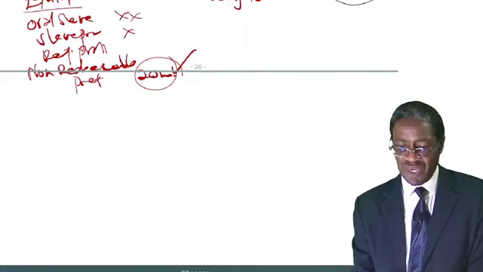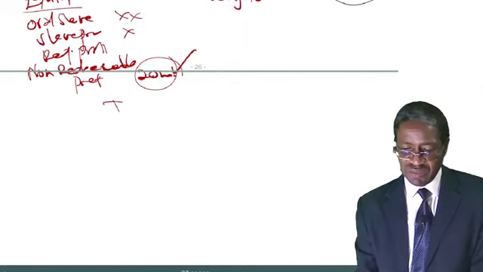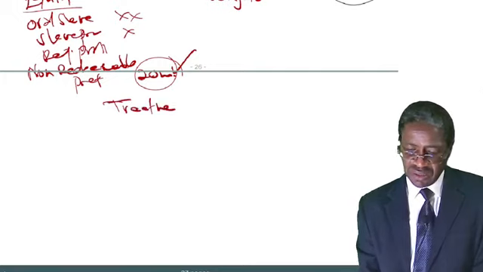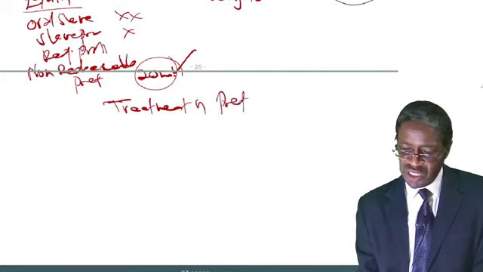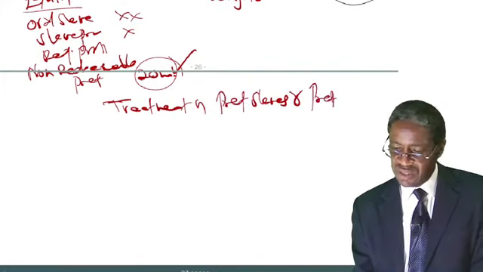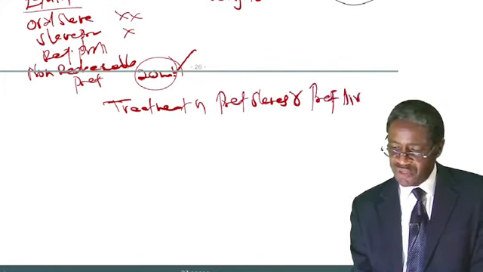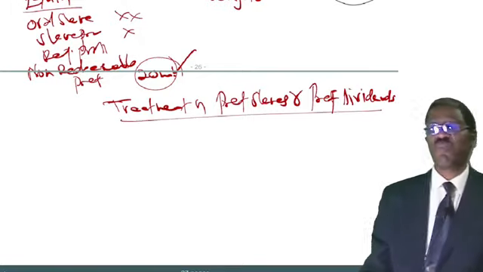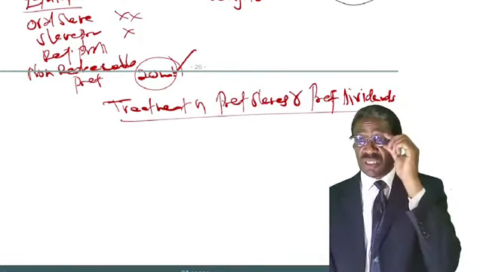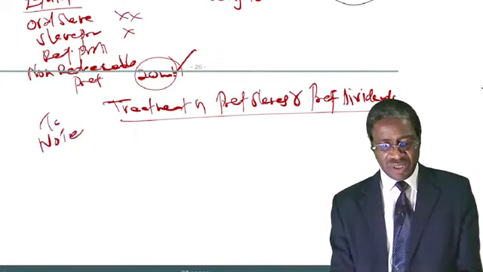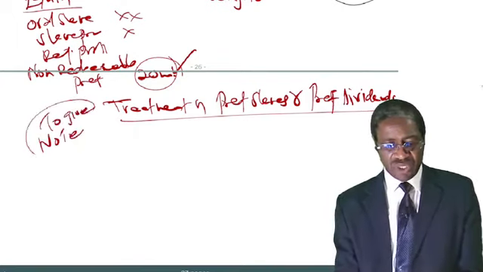Just put down the subheading: treatment of preference shares and preference dividends. That's what I'll discuss or put down as the notes next time.